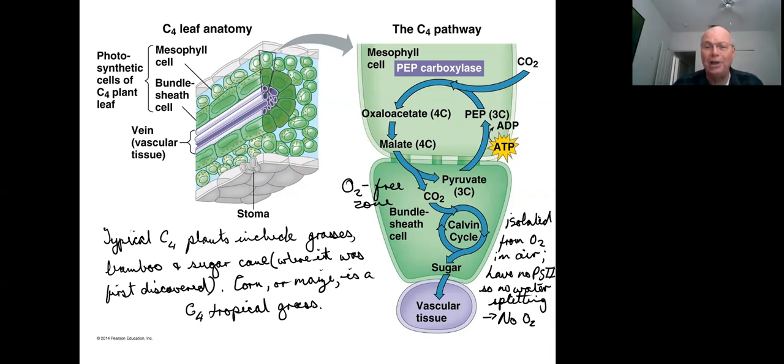Because where the Calvin cycle is being carried out in the bundle sheath chloroplast, there is no oxygen. They're buried and isolated away from the oxygen in the air, and they lack photosystem 2, so they don't do water splitting. They're an oxygen-free zone. So that's the C4 pathway.